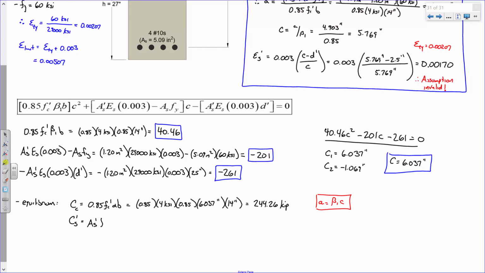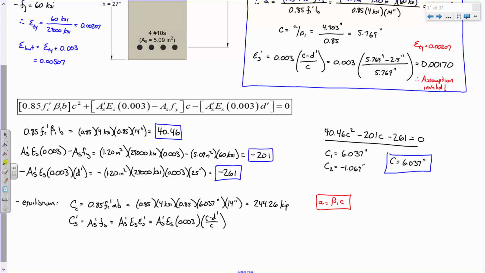It is, in fact, the area times whatever the stress is, which is E times the strain. So unfortunately, this term is a bit more involved. Everybody with me on that?